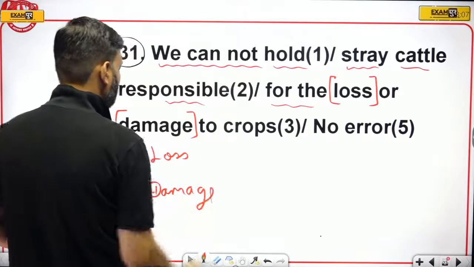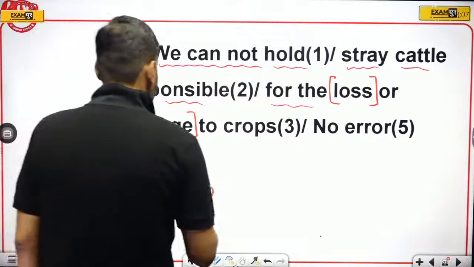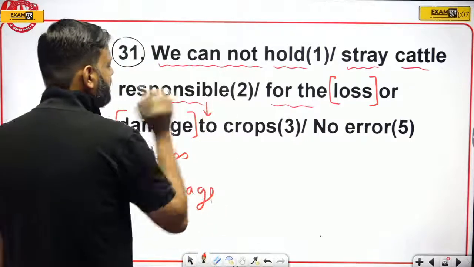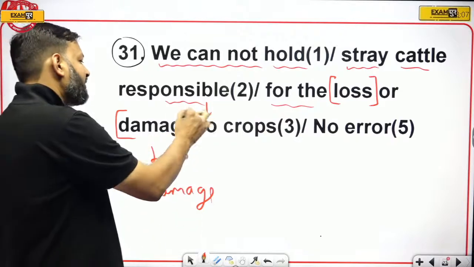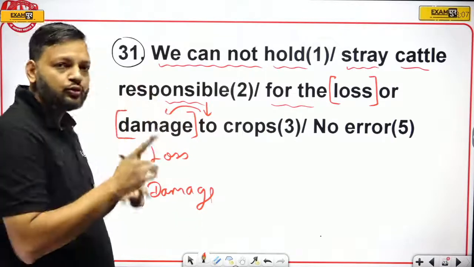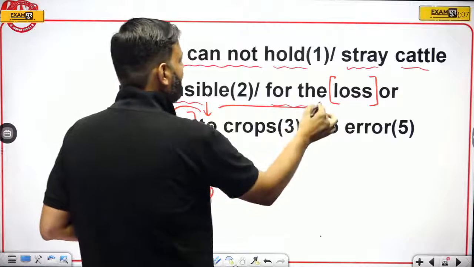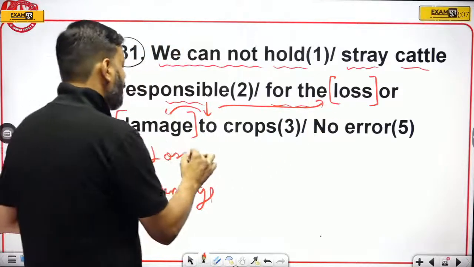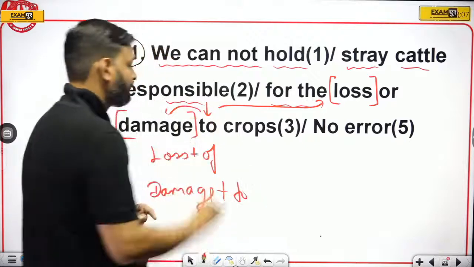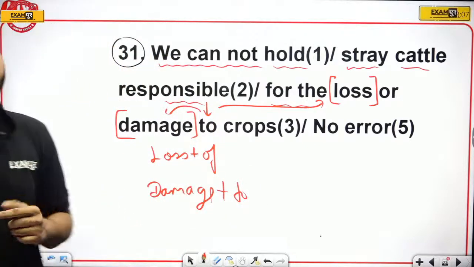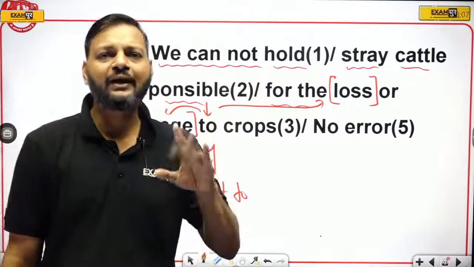Here we have only one preposition, to. It means that we have used to for the word damage and to for the word loss as well, but actually loss is followed by of and damage is followed by to.